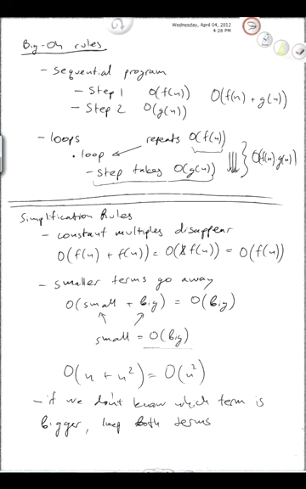So this is going to become important for us in class later because we're going to be looking at running times in multiple parameters. So not only n, but maybe another parameter m. So if you have something like big O of n plus m, and you don't know if n is bigger or m is bigger, you can't simplify that. You just have to leave it as it is.